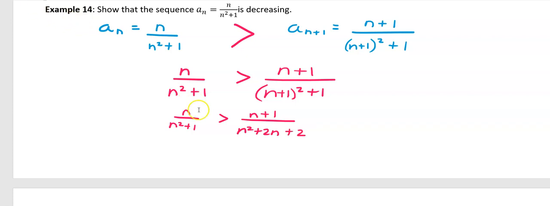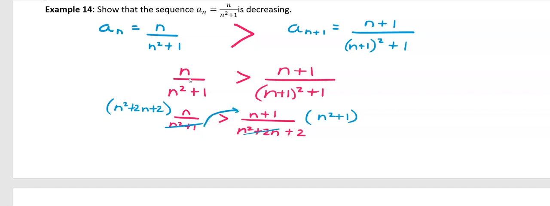Now, what I'm going to do is try to get this out of the fraction here. So I'm going to take this denominator and multiply it through over here. So that'll cancel there, and then I'll take this one, the n squared plus 2n plus 2, and multiply it through. So in other words, I'm kind of cross multiplying.